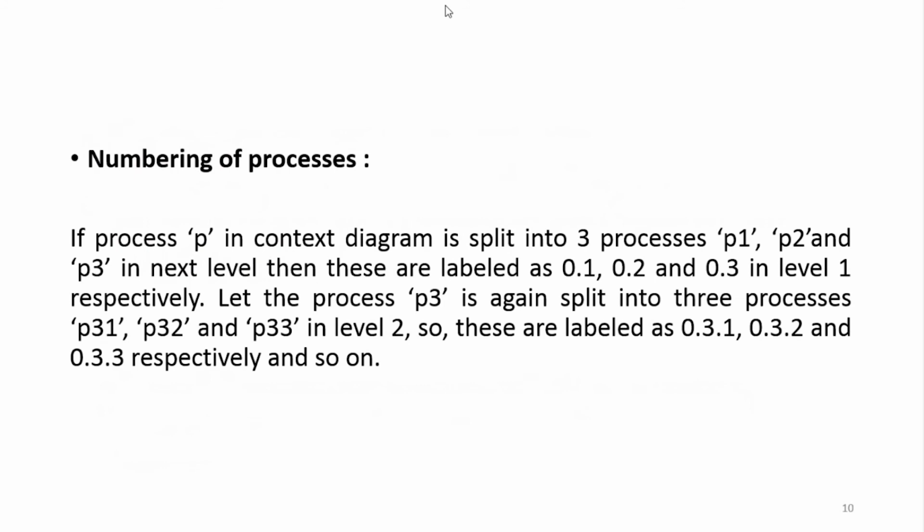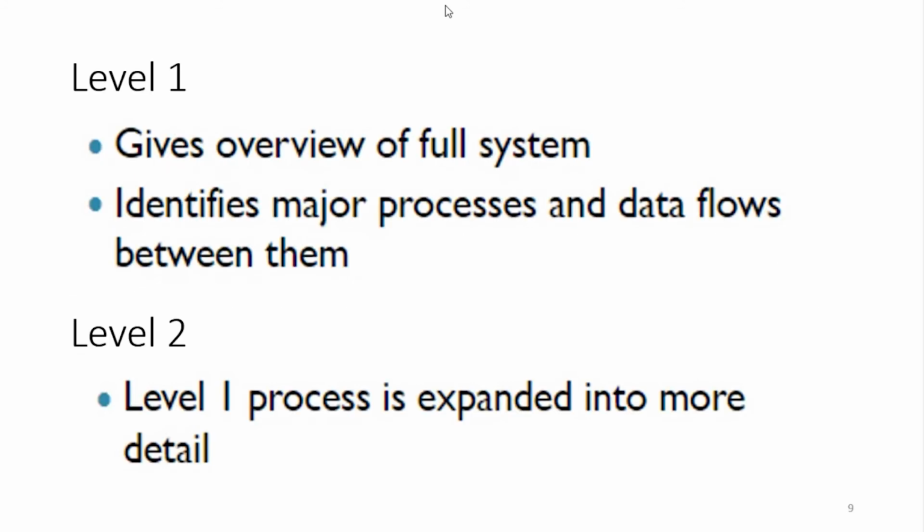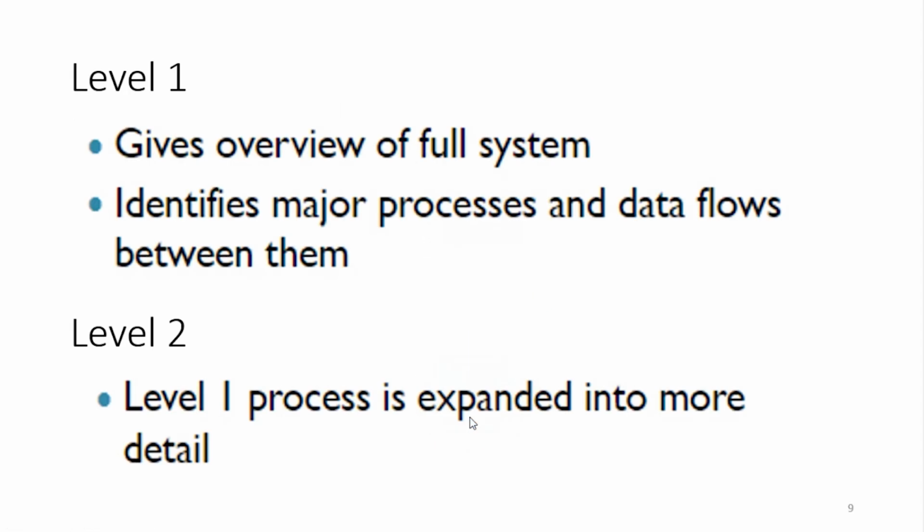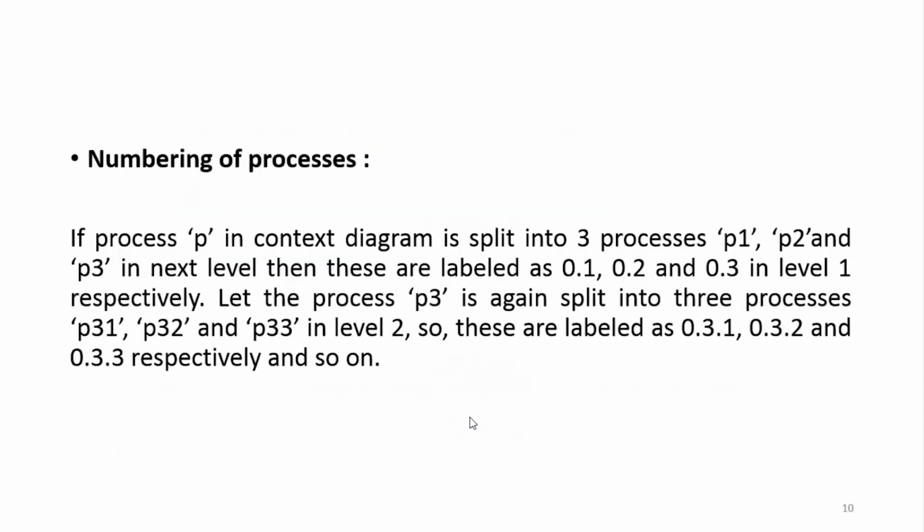Now there is one other thing, as I told you: why we give the 0 here. That is one kind of numbering process. The process at the level 0 diagram, or the context diagram, is usually assigned the number 0, to indicate that it is a level 0 diagram.